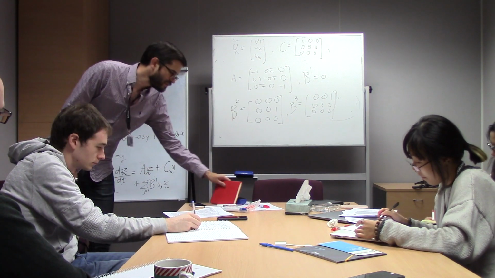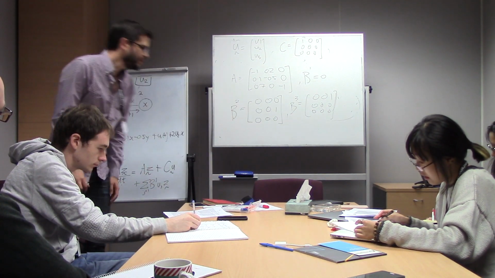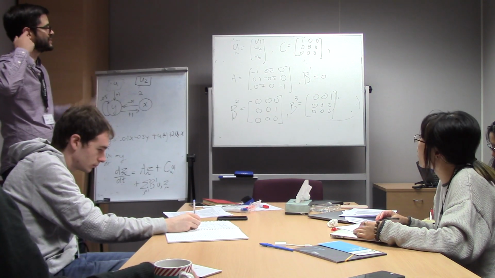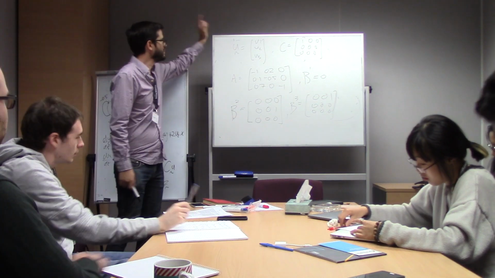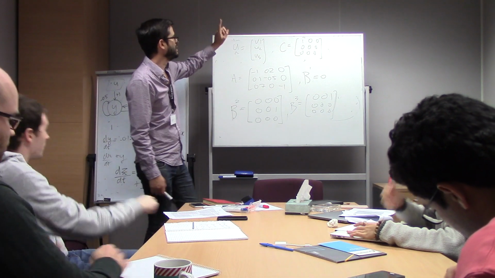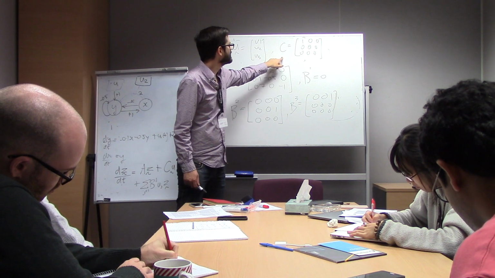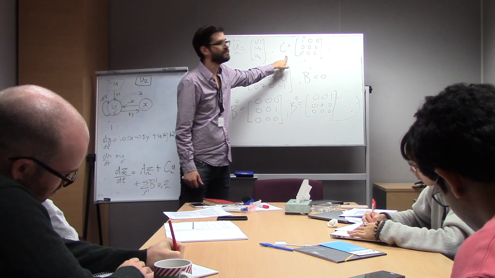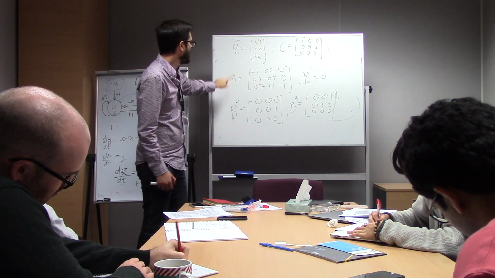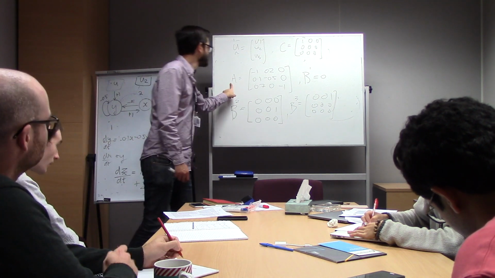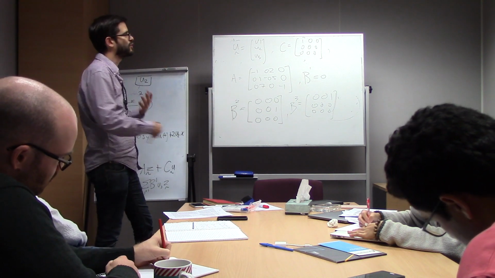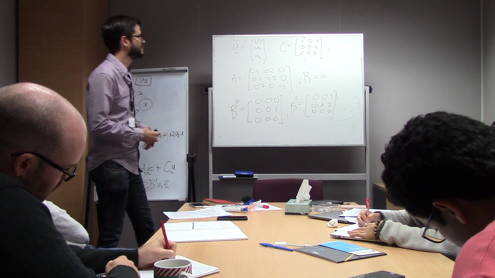Okay, let's remember what all these things are. Let me just refresh you. We'll talk about this again next week. U is a vector of inputs. C is a connection matrix detailing how inputs relate to regions. A is the matrix which details the self-connection, also called the intrinsic connections.